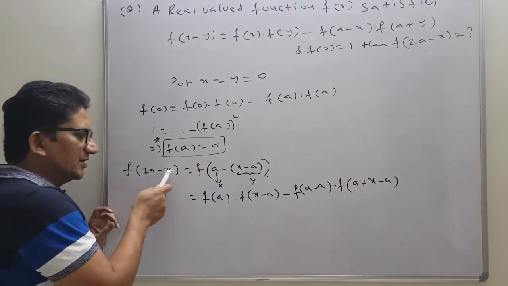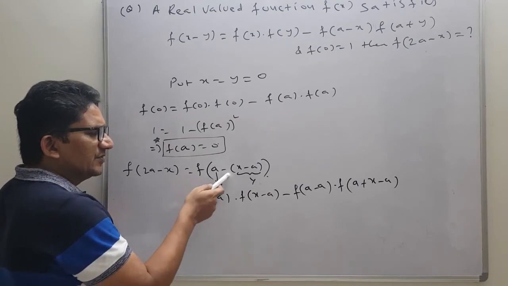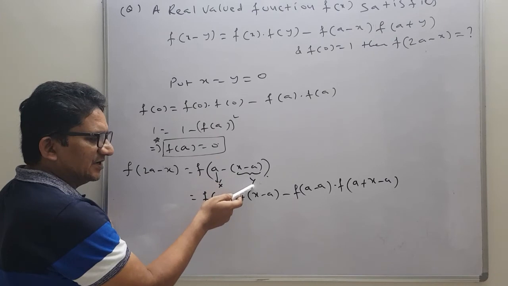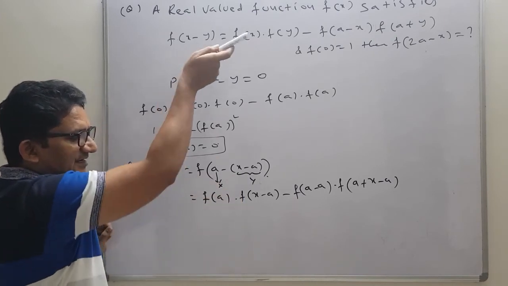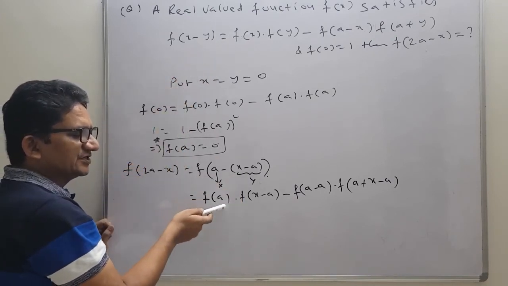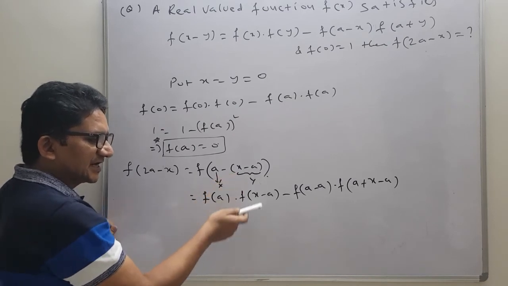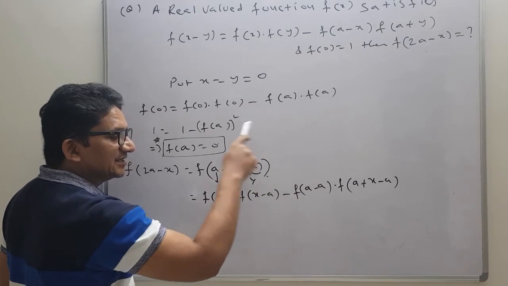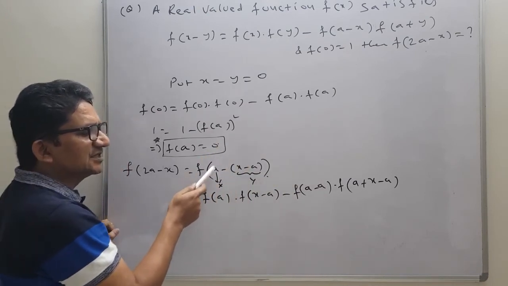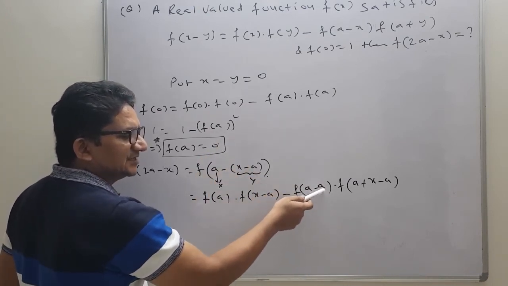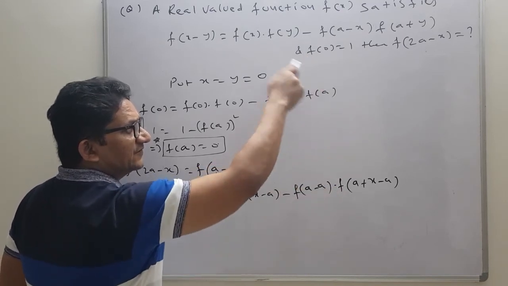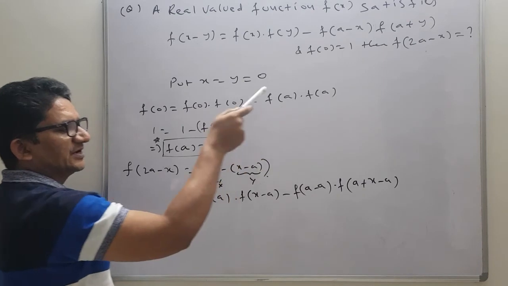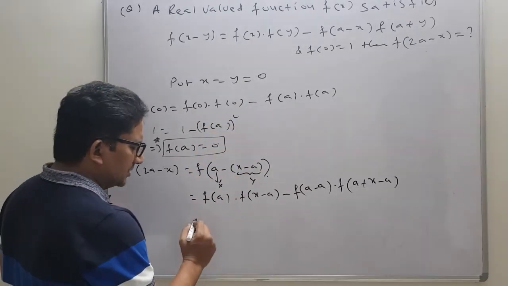By writing 2a minus x as a minus of x minus a and treat the first element as x and second element as y, then the structure on the right hand side is f of first element into f of second element minus f of some constant a minus first element. Here luckily the first element is also a, that's why we got a minus a here. Next is f of a plus second element. A plus second element is what? X minus a. Now here we can substitute the value.